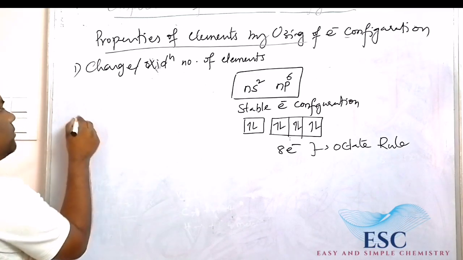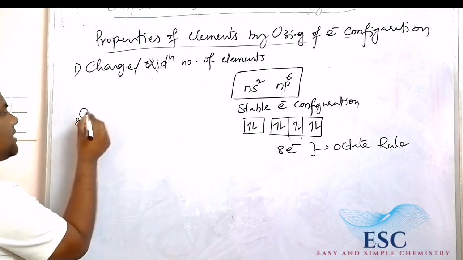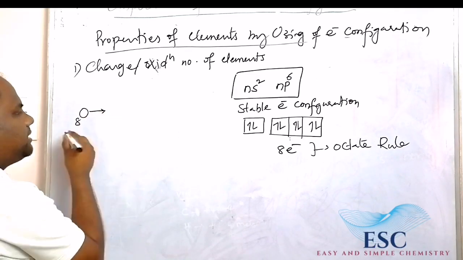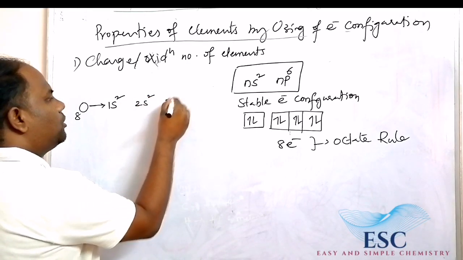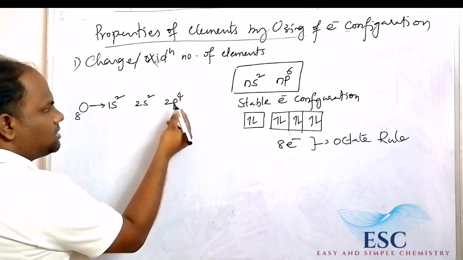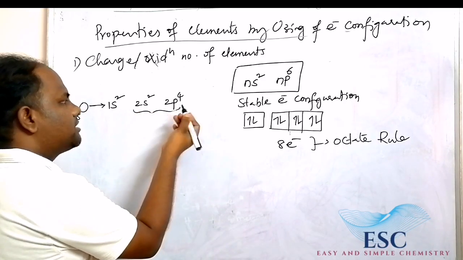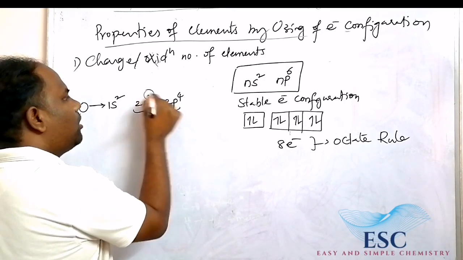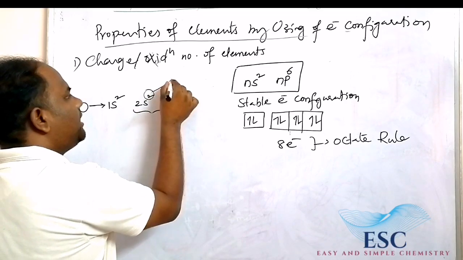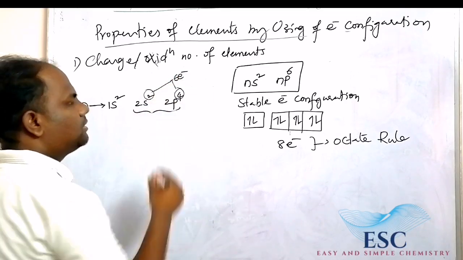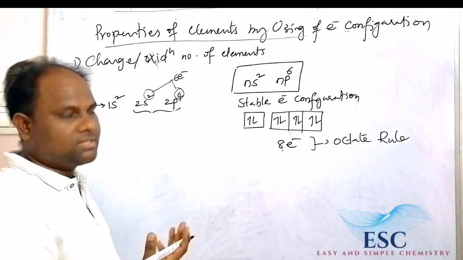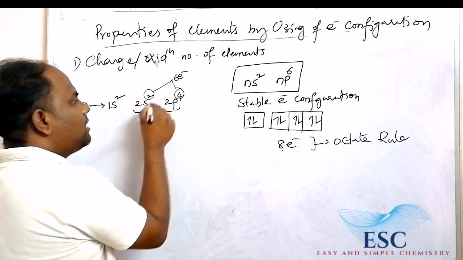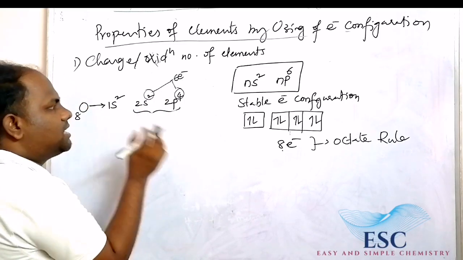Now I will explain one example. Oxygen, atomic number 8: 1s2, 2s2 and 2p4. The last orbital is p; both s and p act as valency orbitals. How many electrons are here? Only 6 electrons. So we need 8 electrons to become stable.